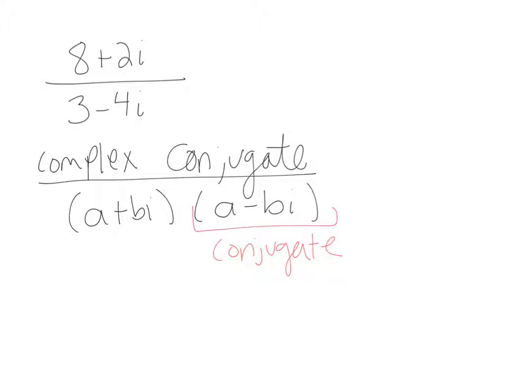So what do I mean by that? Well, what happens? For example, let's say I've got, right? When I multiply these, I get 25. So minus 20i plus 20i, those will cancel.